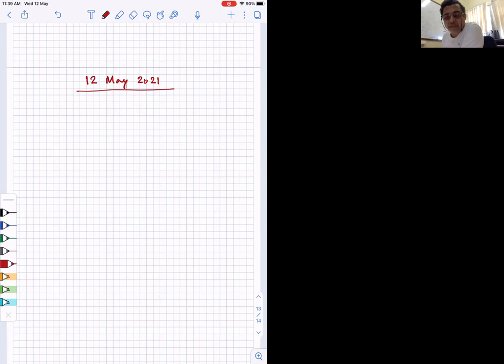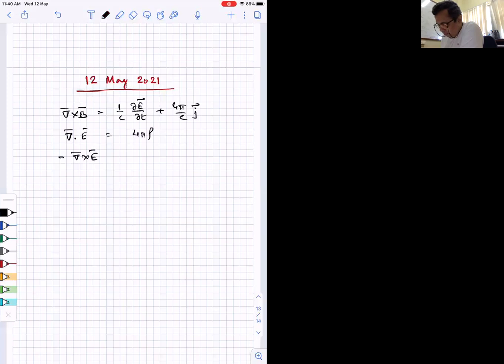If I start writing down Maxwell's equations, then we'll write down the curl of E is minus del B by del T, and divergence of B is 0.